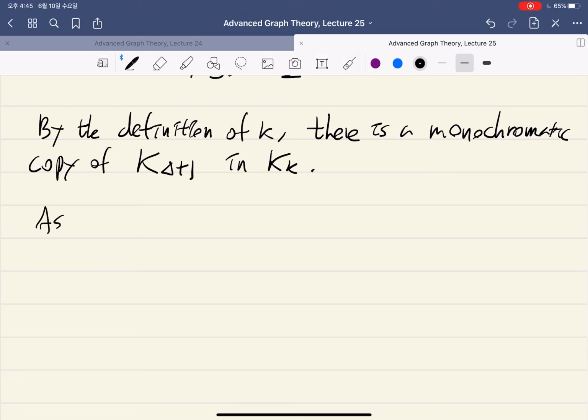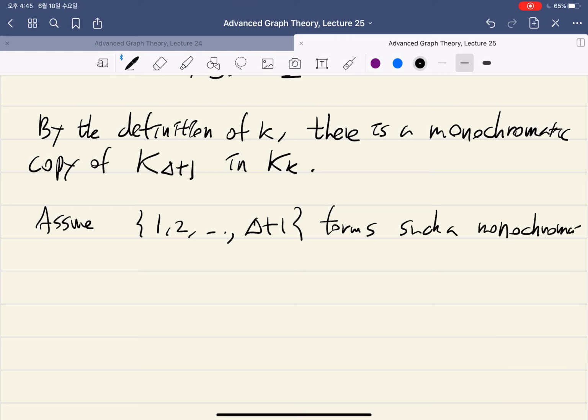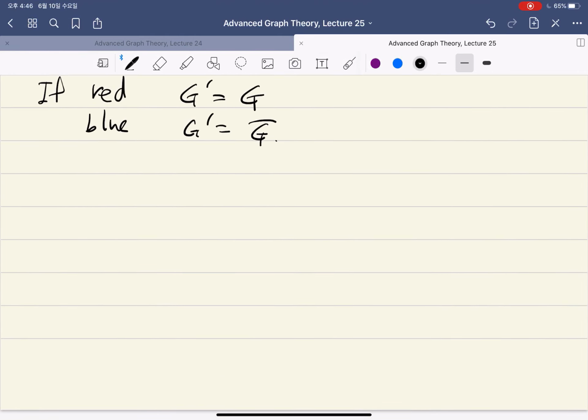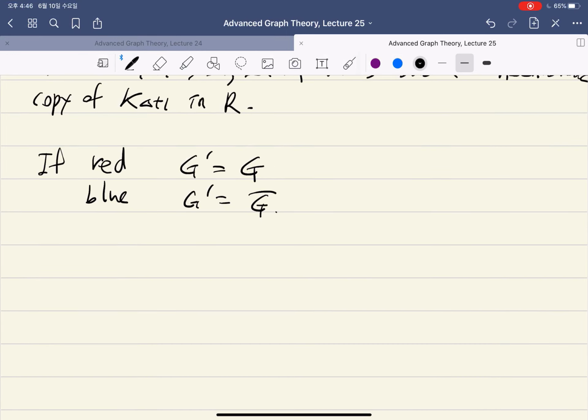So we assume, by reindexing, that this forms such a monochromatic copy of K_{delta plus 1} in R. If this is red monochromatic, then let's say G prime is G. If this is blue monochromatic, then let's say G prime is the complement of G. Okay, let's write it this way.